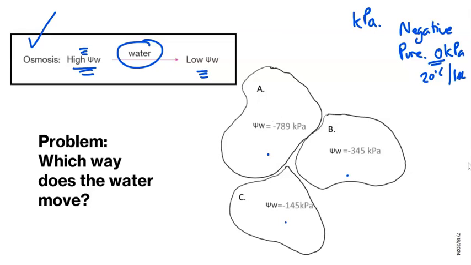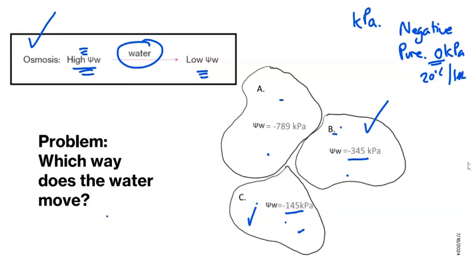So if we look at this in detail, we can see that C is at minus 145 and B is at minus 345 kilopascals. Now this means that B has more solute than C, and A has more solute than either B or C. The solute reduces the water potential.